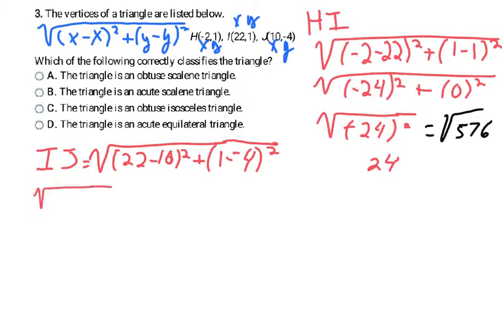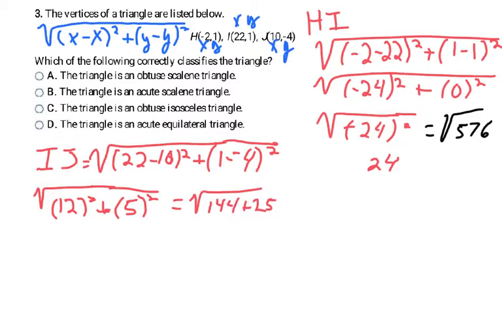Then I go ahead and do that subtraction. 22 minus 10 is 12 squared, plus 1 minus negative 4 is 5 squared. And then 12 squared is 144, 5 squared is 25, so 144 plus 25 is 169. So then I have the square root of 169, which is 13.